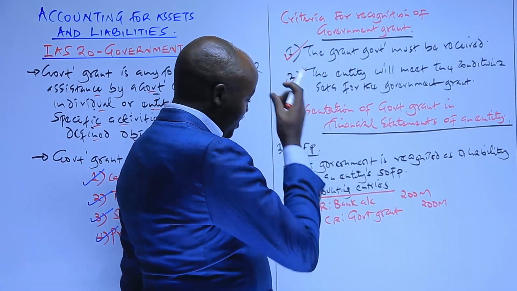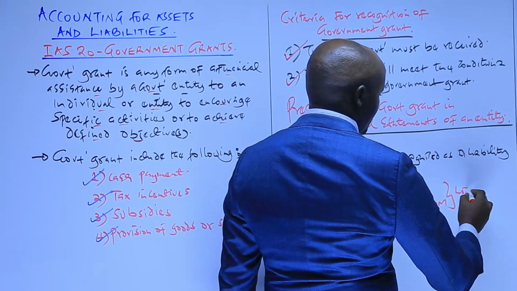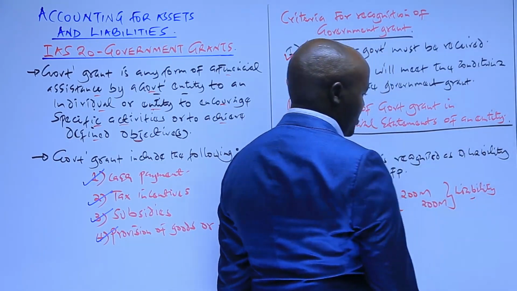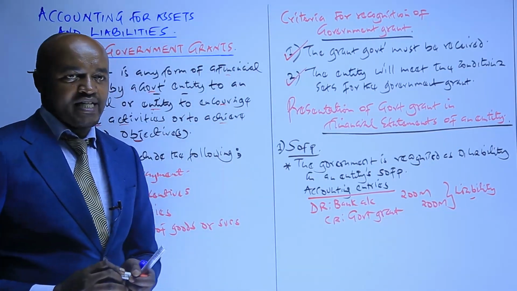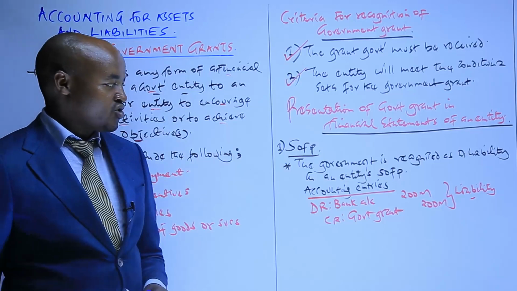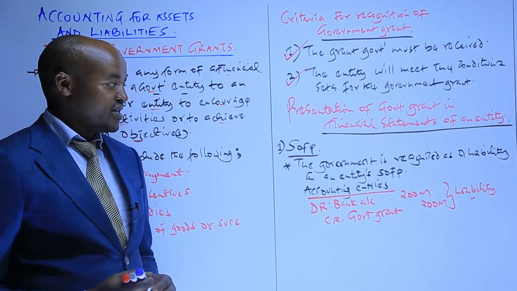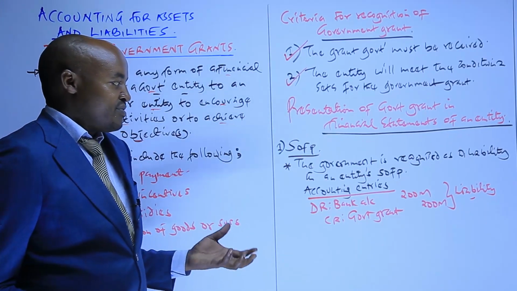Therefore this amount of 200 million will be recorded in the statement of financial position as a liability. It is recorded as a liability because this amount has been received to undertake a project by this organization, which by the end of the day will benefit the community, will benefit the society. So this money does not belong to the organization.